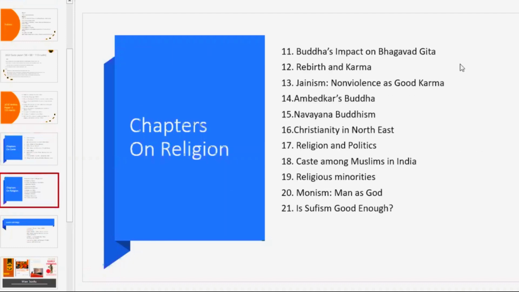These are chapters on religion: Buddha's impact on Bhagavad Gita, rebirth and karma, Jainism, non-violence as good karma, Ambedkar's Buddha, Navayana Buddhism, Christianity in Northeast, religion and politics, religious minorities, monism, man as God. Is Sufism good enough? So essentially, these chapters are based on a lot of work and new thinking.